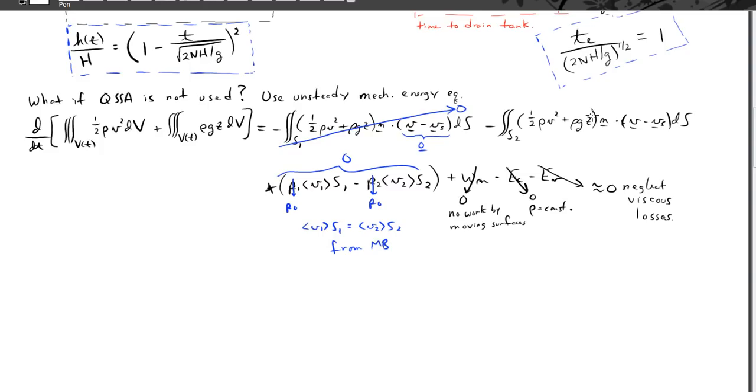We've already said we'll treat the bottom of the tank to be the origin of the coordinates in terms of potential energy or gravity, so Z is equal to 0 on the bottom surface. Moreover, the control volume is not moving along the bottom surface, so Vs is equal to 0. Finally, n dot V is simply equal to V2, and this becomes V2 as well.